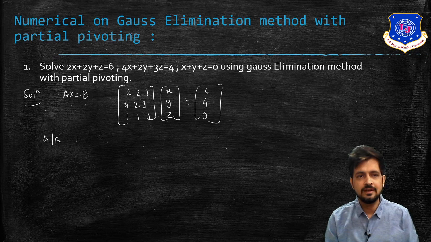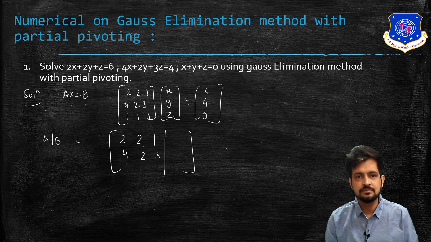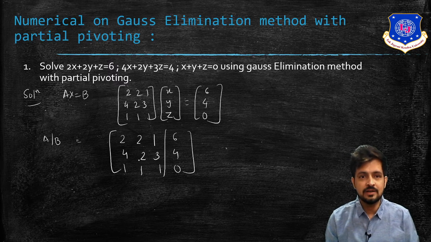What is our next step? We have to write the augmented matrix. It is nothing but we have to write A and B together, with 6, 4, and 0. Now we have to use partial pivoting.